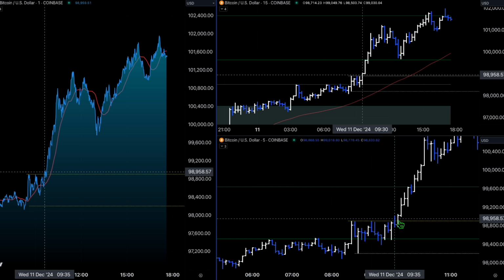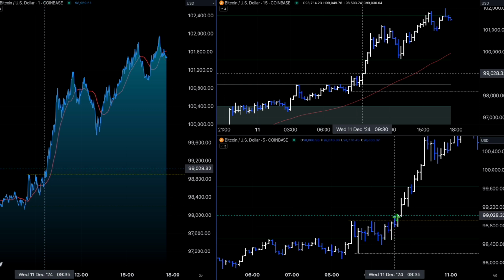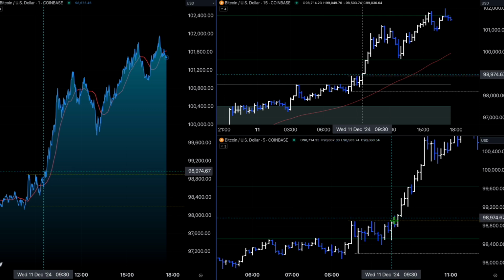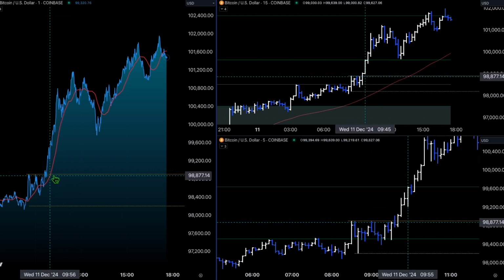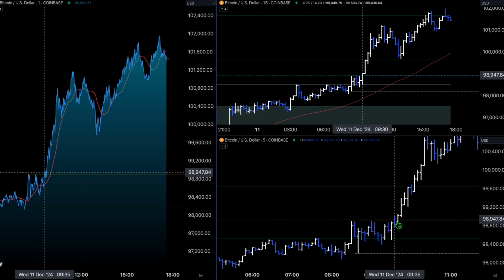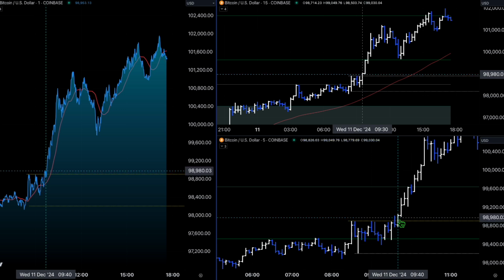Now, let's notice over here on the 1-minute chart, on my indicator, notice the slope of the moving average right there. It's bullish. It's going up. It's rising. That gives me very strong conviction that the momentum is moving to the upside.